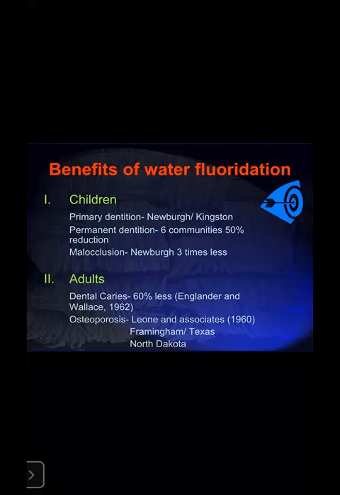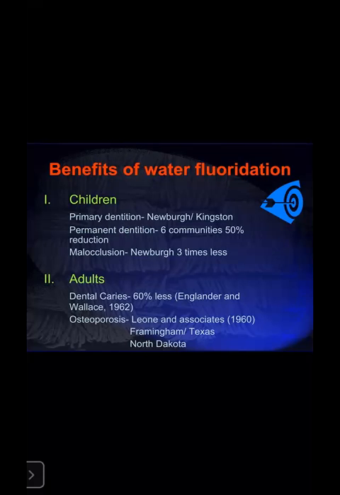What are the benefits? In children, during primary dentition, the fluoride will be incorporated and this will reduce the chances of caries. And automatically, when caries is reduced, malocclusion will also come down. They found that malocclusion was reduced by 3 times because of reduced caries. The tooth becomes grossly carious and later on you have to extract it.